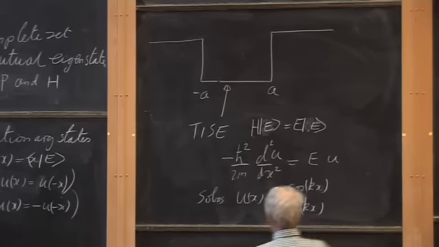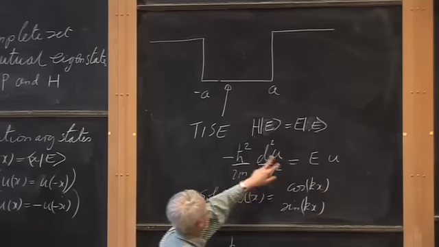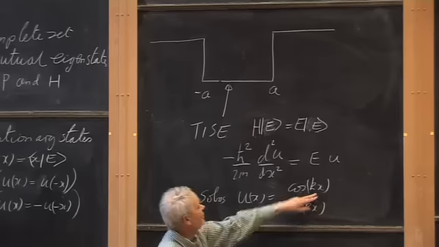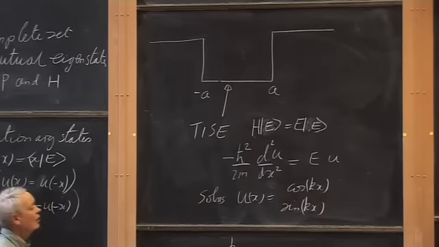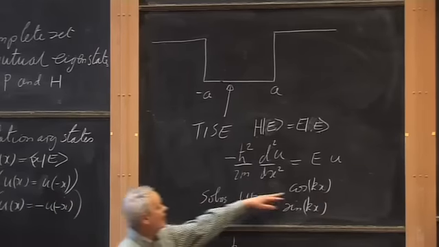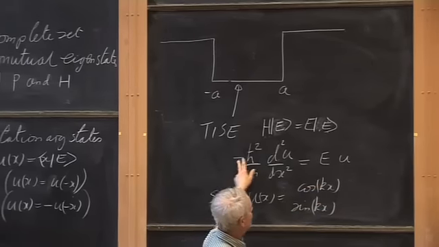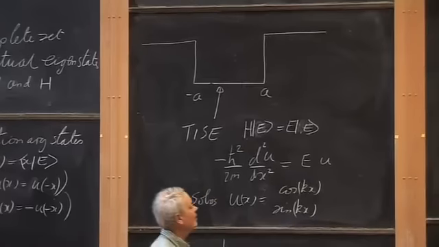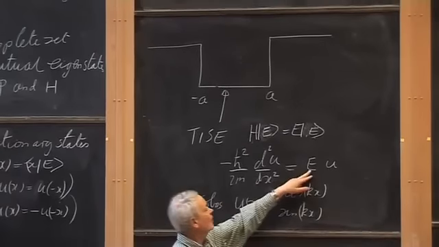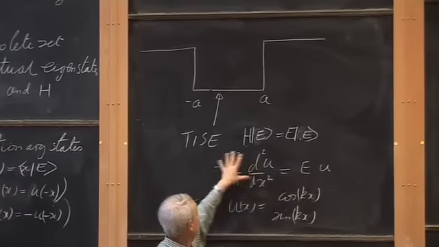And we have that k, right? So when you double differentiate this, you're going to get minus k squared cos kx. So the minus sign deals with that.